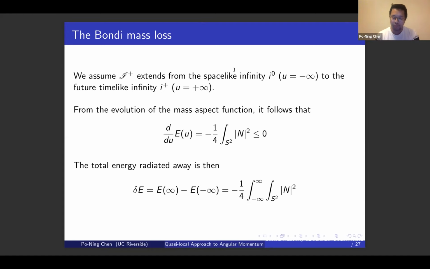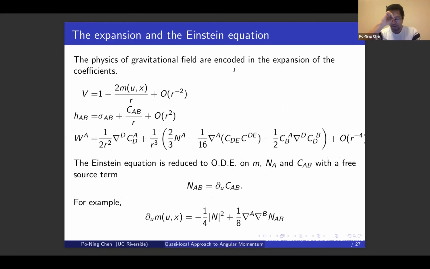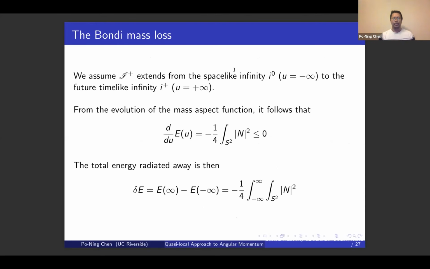Now it's simple to derive the change of boundary energy. Right? You integrate the mass aspect, and we differentiate the mass aspect function. Right, the double divergence doesn't matter, so it's easy to see that the derivative of the energy is minus 1/4 times the integral of the news squared, which is negative. So in a sense, your energy is always decreasing.